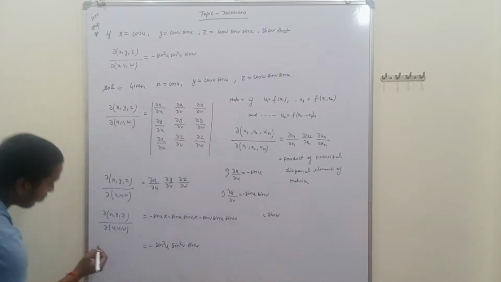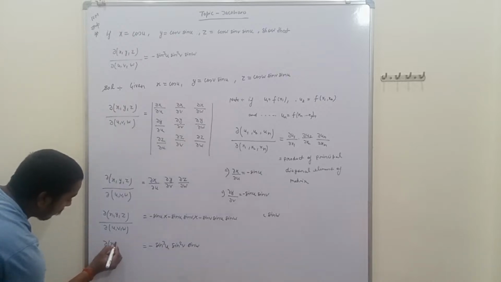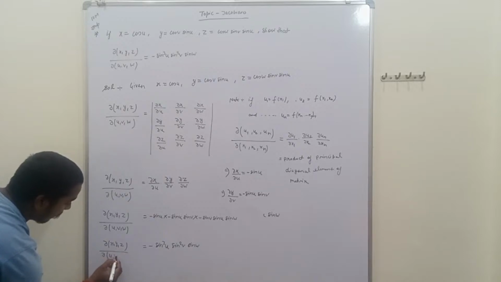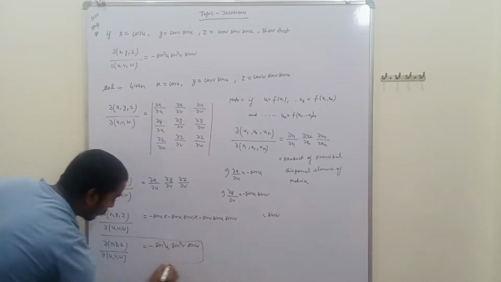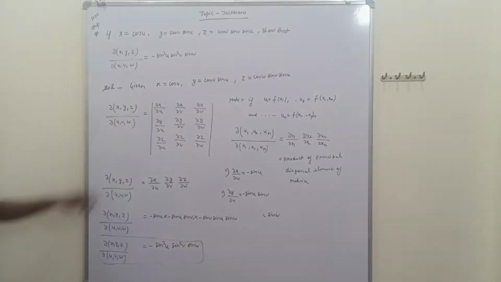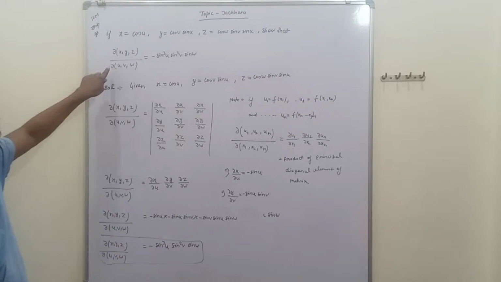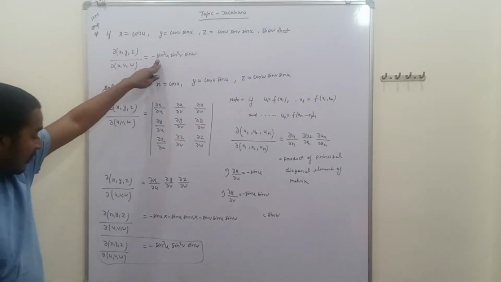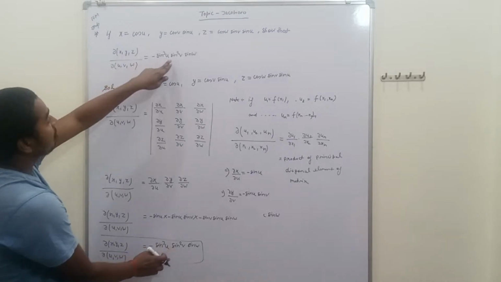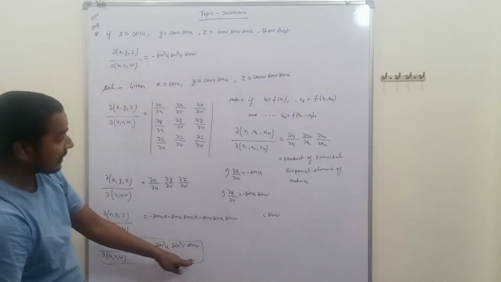This proves that ∂(x, y, z)/∂(u, v, w) is equal to minus sin cube u sin square v sin w.